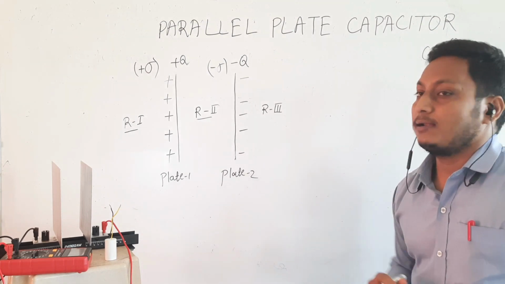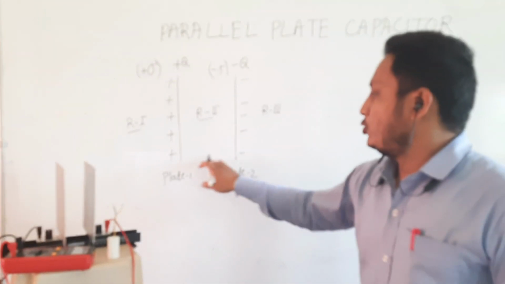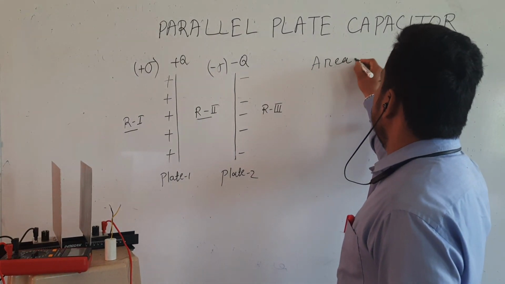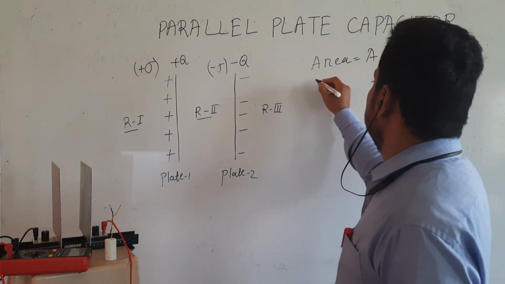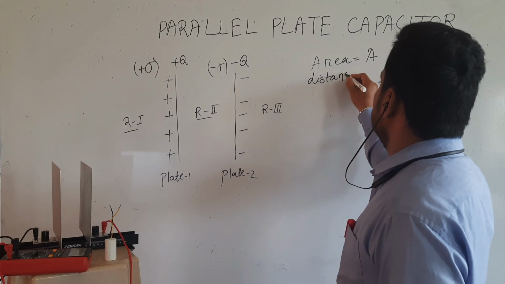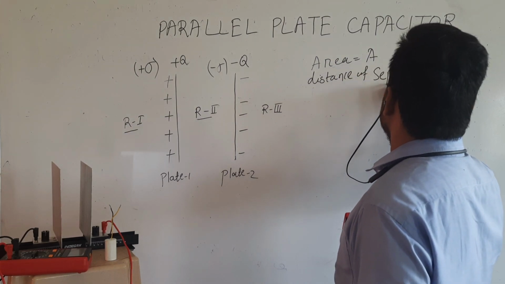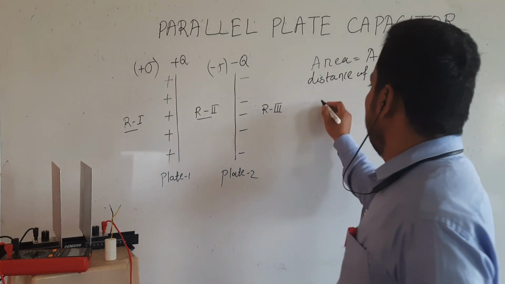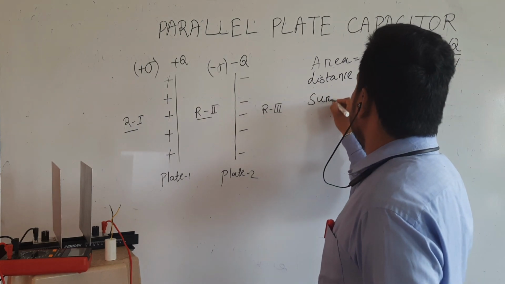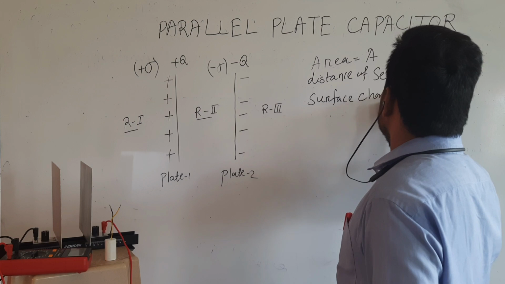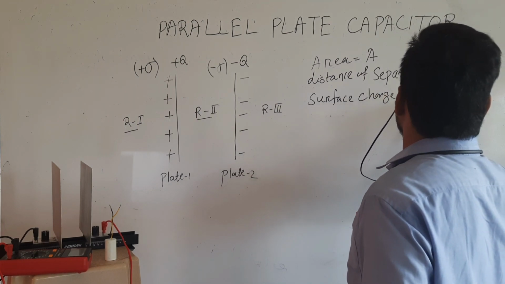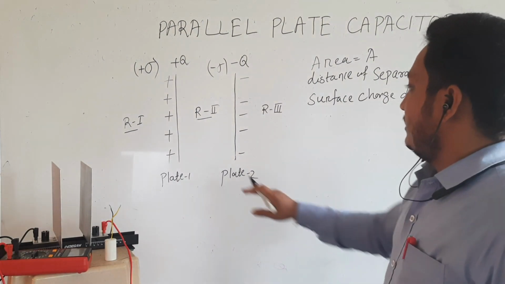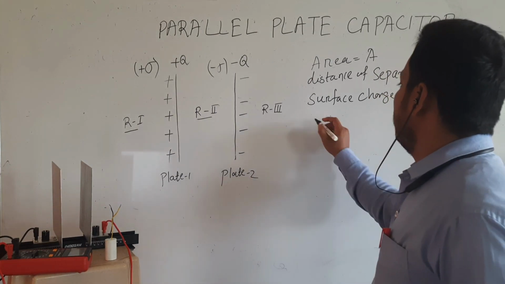Now for a parallel plate capacitor, let us assume there are two plates, plate 1 and plate 2, both having area A, and the distance of separation equal to d, and we will call the surface charge density of the two plates plus and minus sigma.